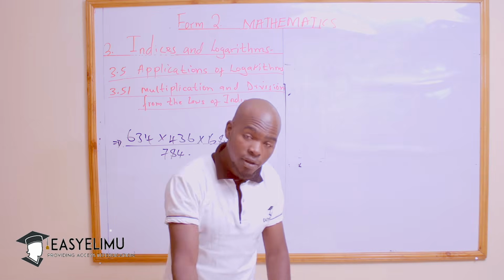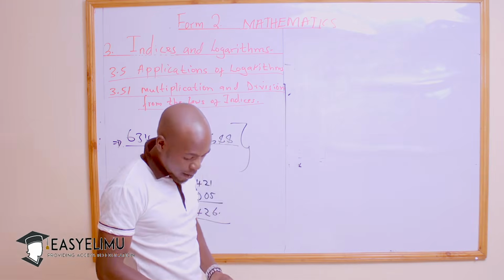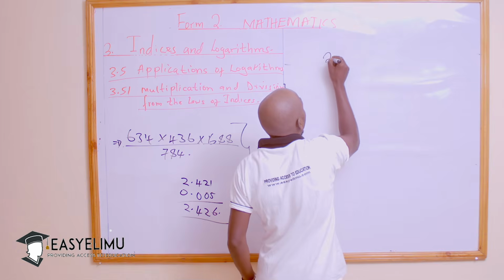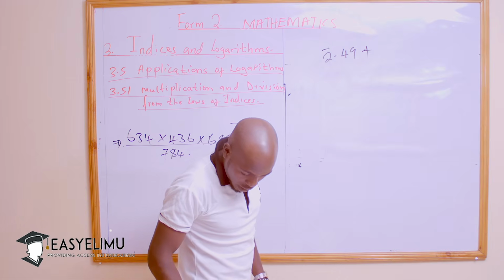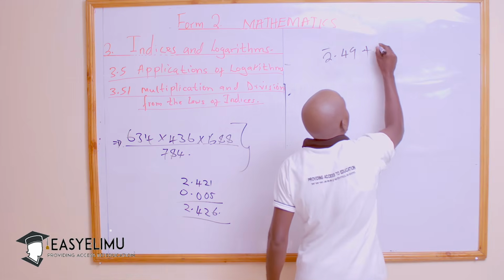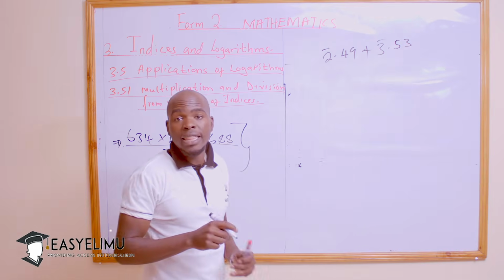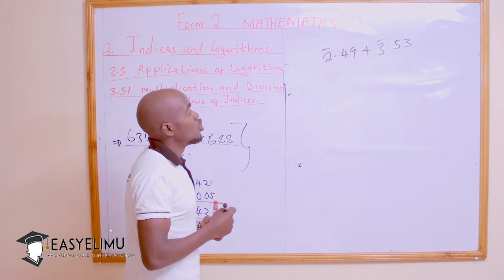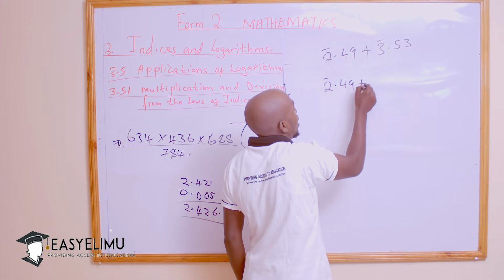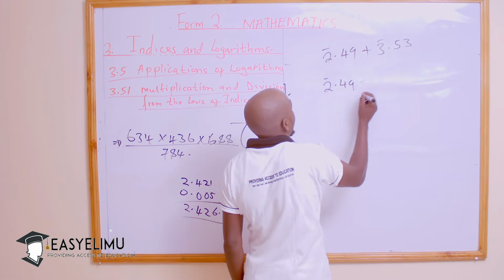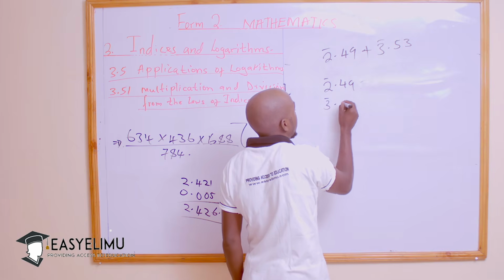Then sometimes there are situations which arise where, for example, you have to add bar 2.49 plus, in your computation, you are adding 3.53. In case you encounter such mathematics, you can add directly, which is bar 2.49 plus bar 3.53.